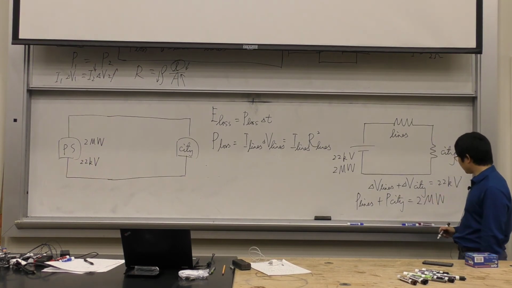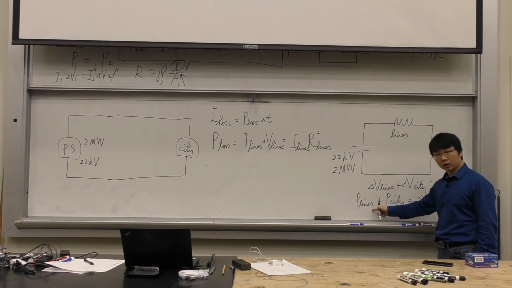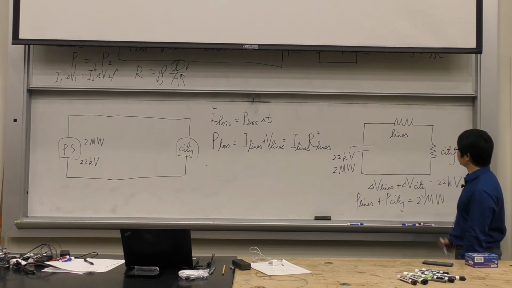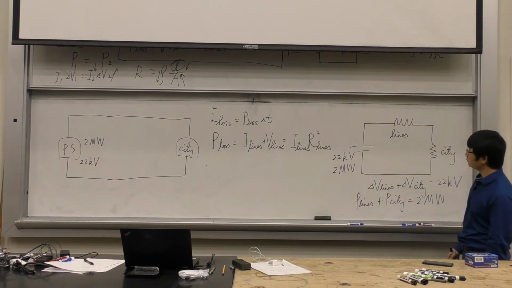So your goal is that I want to deliver all this voltage, most of the power to the city. So I want these two numbers to be small, okay? So you don't know these two numbers. You want to find the power of these lines, okay? So how to do that, okay? You don't know this voltage or this voltage. You just know the sum of them is going to be 22 kilovolts, okay?